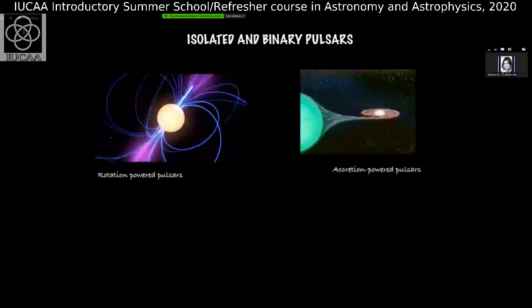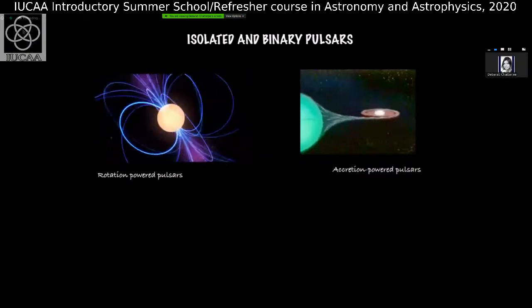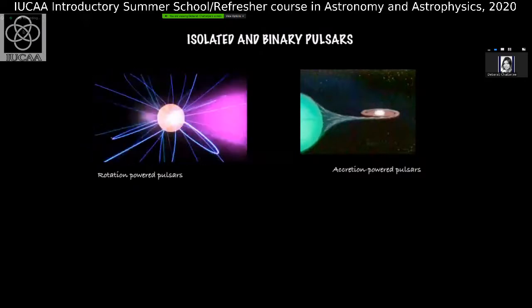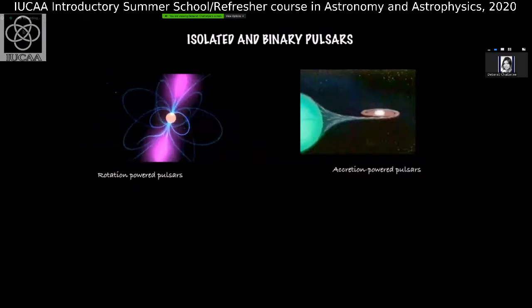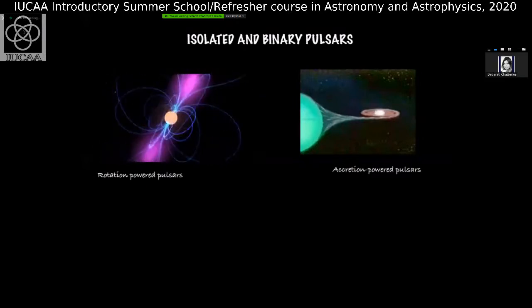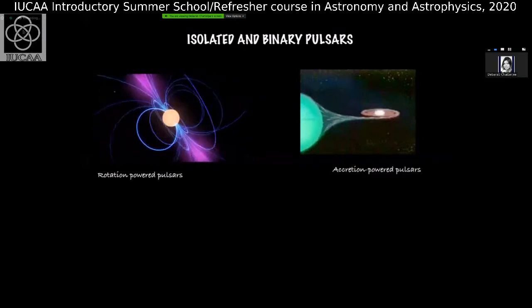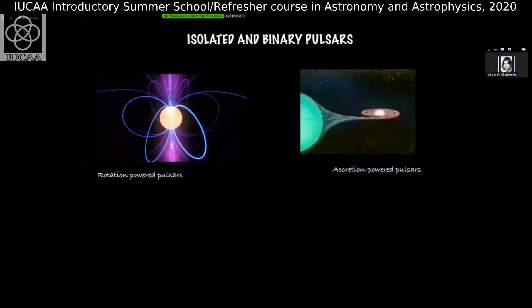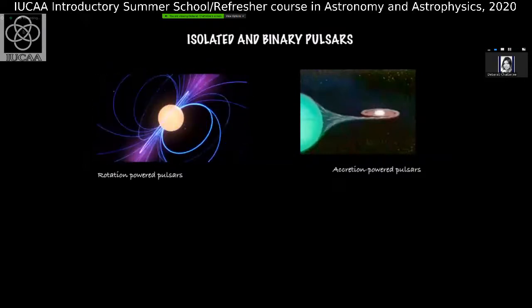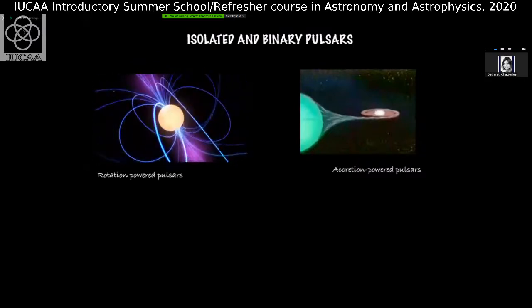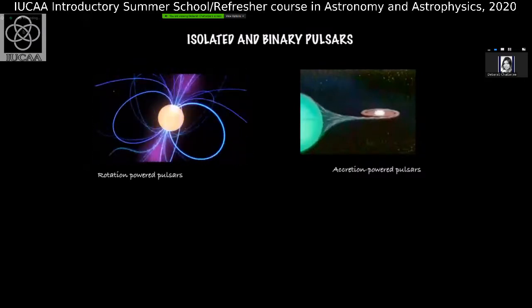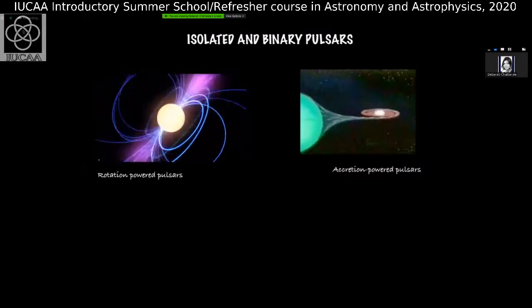The rotation-powered pulsars are the ones where the strong magnetic field of the neutron star, as you can see in the figure, tears apart heavily charged particles, emitting them in a narrow cone along the magnetic axis, which sweeps the Earth like a lighthouse, which is observed, like Jocelyn Bell observed, as periodic pulses.